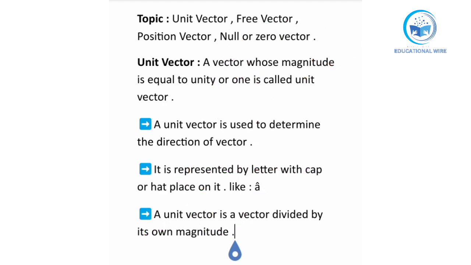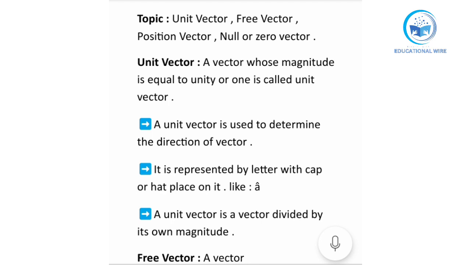Now let's move further to the next topic that we are having, free vector. What is a free vector?